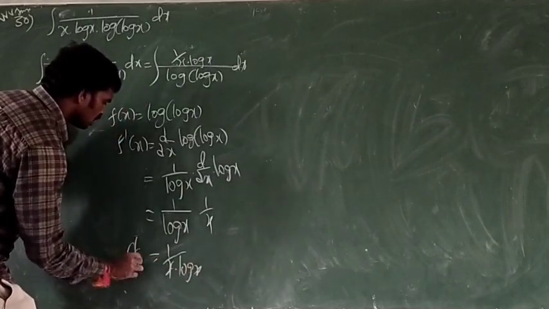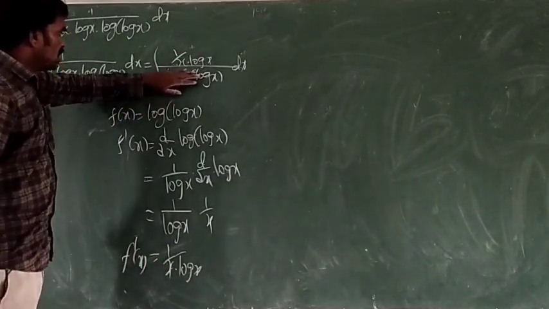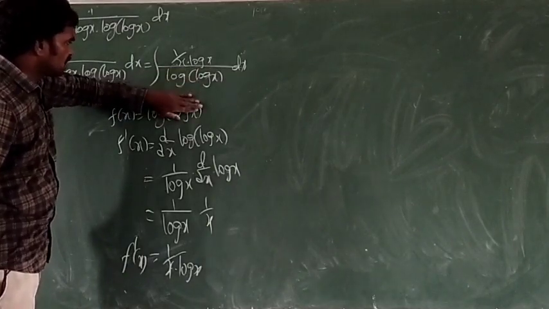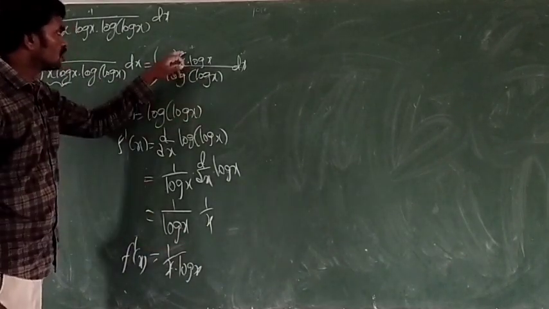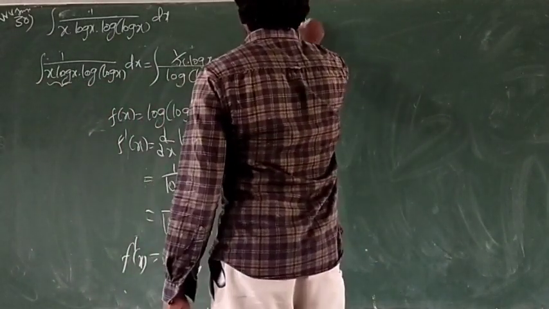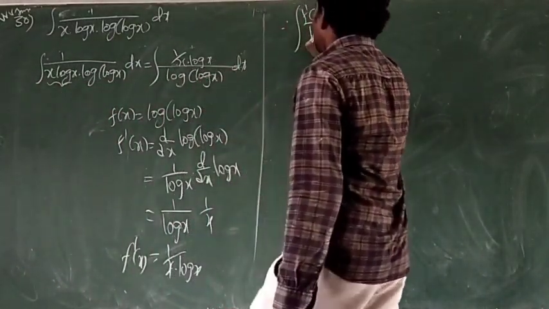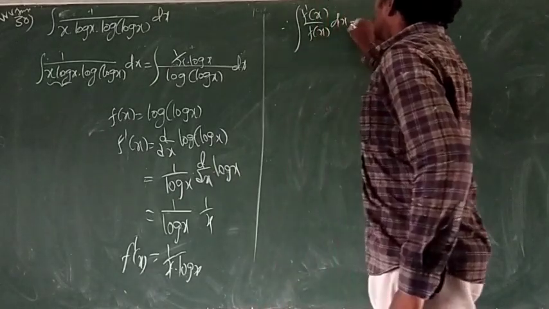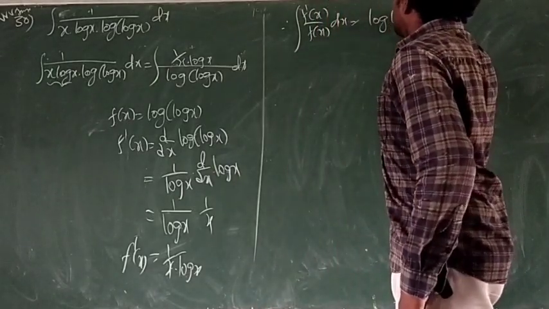See, the denominator is f of x, and the derivative of this f of x is the numerator. Therefore, according to the formula, the integration of f dash of x by f of x dx is log of f of x plus c.